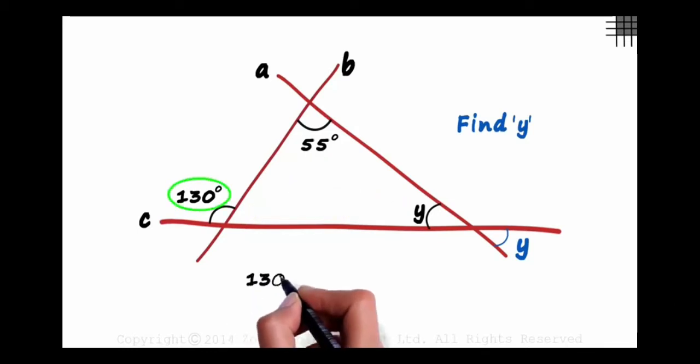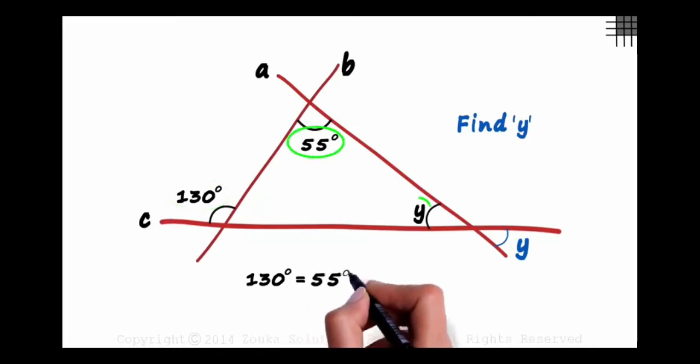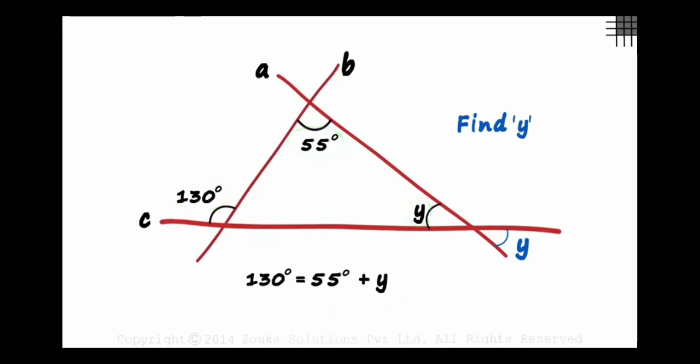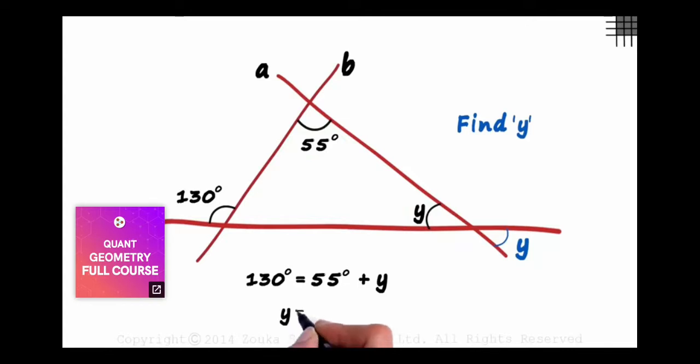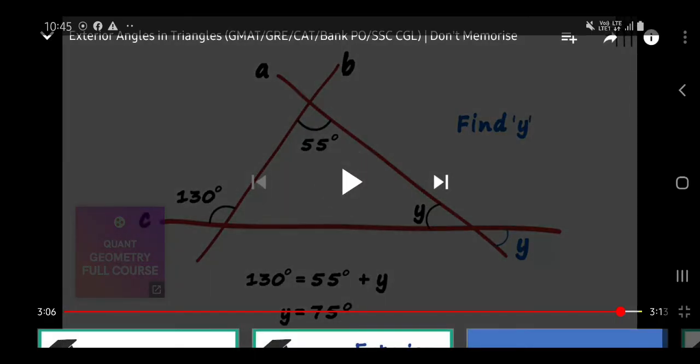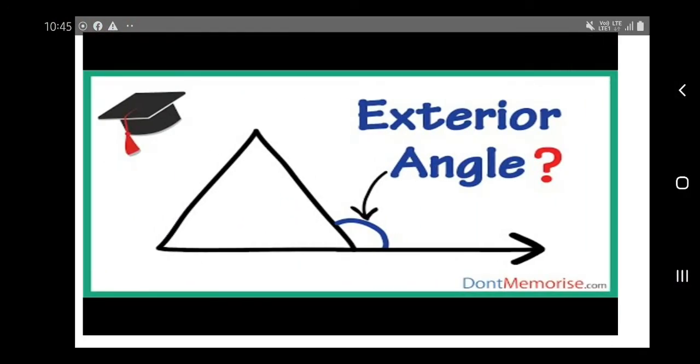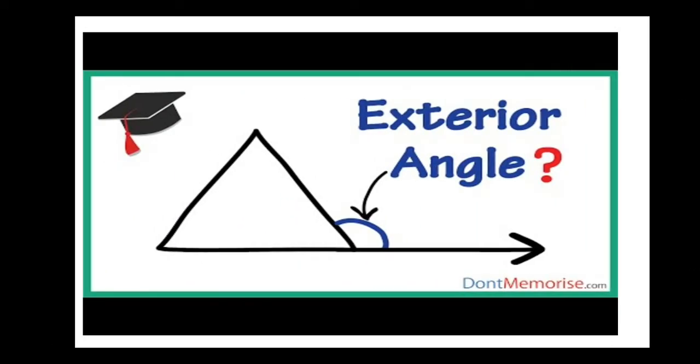So 130 degrees will equal 55 degrees plus y, and we get the measure of y as 75 degrees. I hope you all understood the exterior angle very well through a video and its explanation.